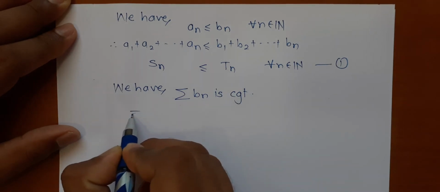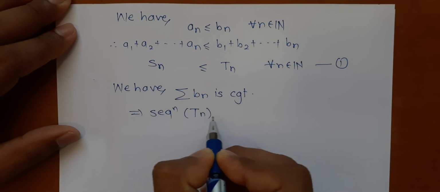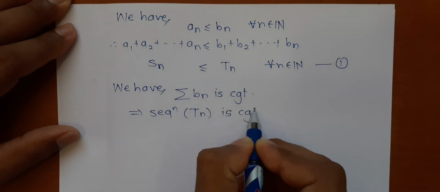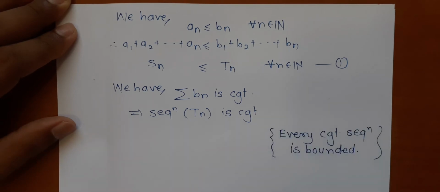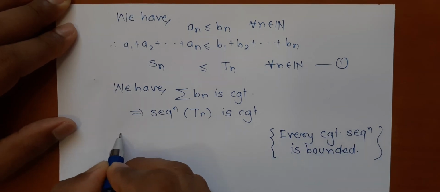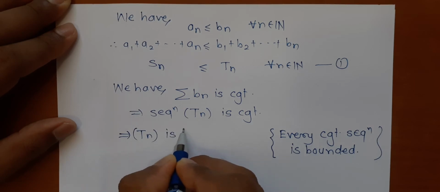Therefore the sequence Tn is convergent. Do you know that result, every convergent sequence is bounded? This is a well-known result of sequences. So Tn is convergent, therefore Tn is bounded.